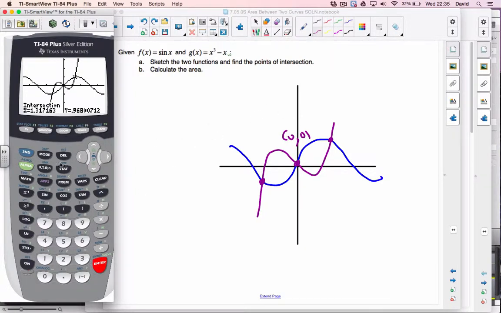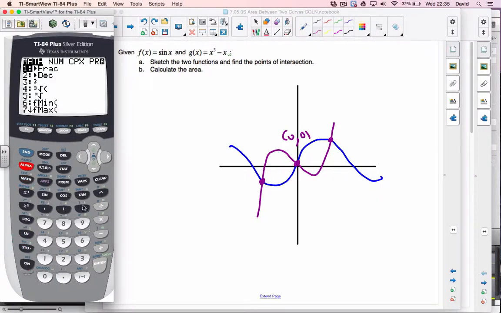And I'm going to store this value. If I go here, x is there. I'm going to store that into alpha B.